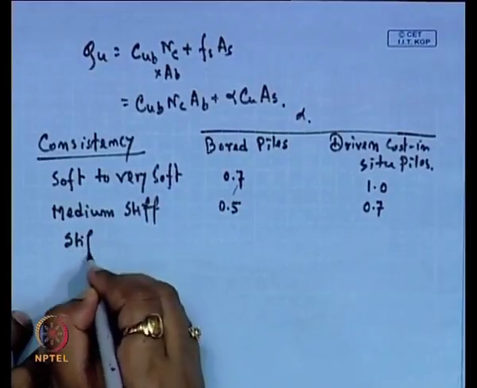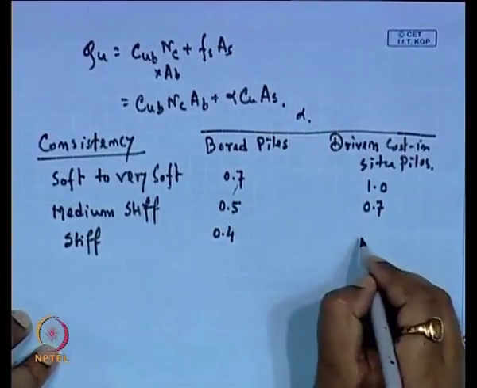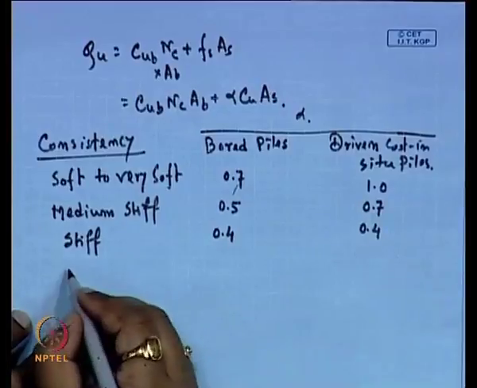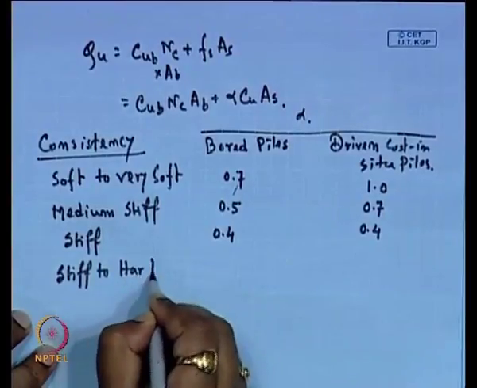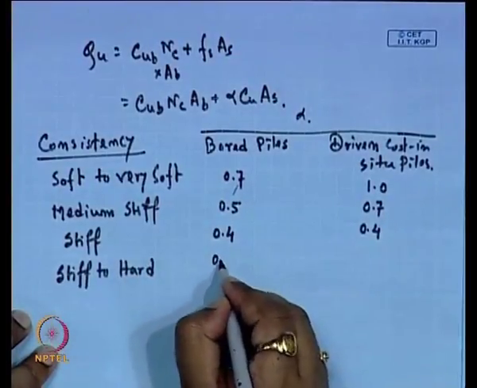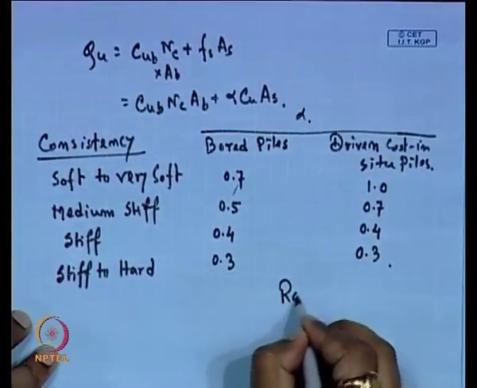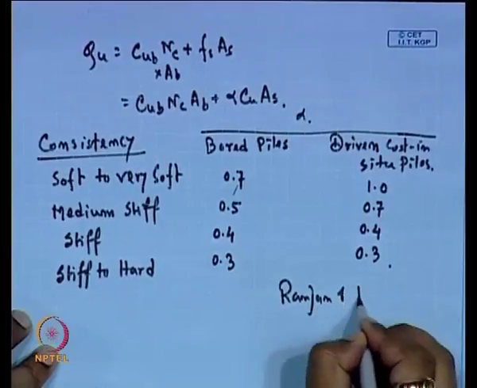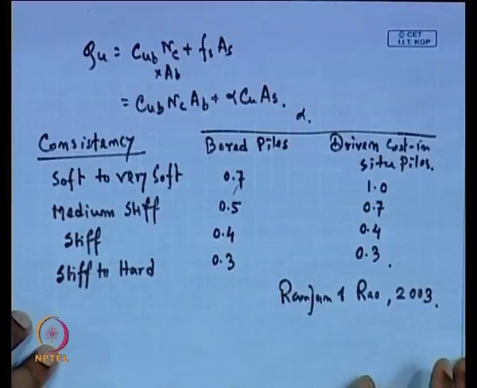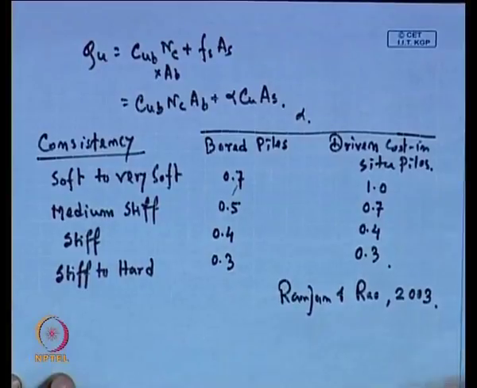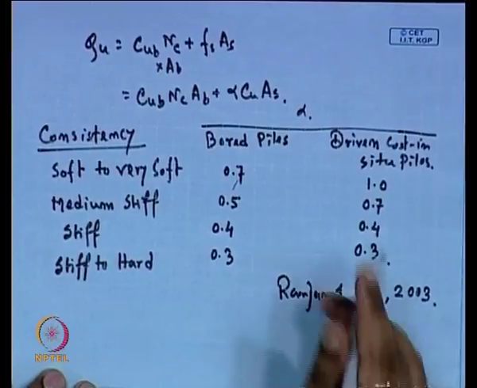For stiff soil, we consider 0.4 and this is also 0.4. For stiff to hard, consider 0.3, this is also 0.3. So, these are the alpha values, or the adhesion factor values, we will get for different types of piles from this table.